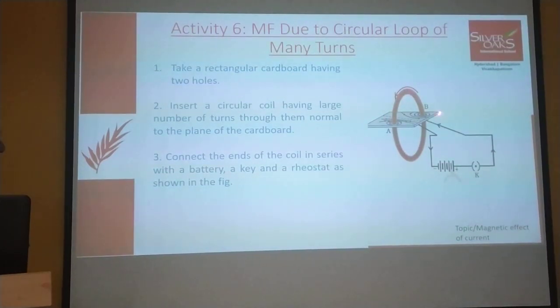Now if you make a coil of n number of turns, the magnetic field also will become n times because each circular wire will contribute to the magnetic field. So if n number of turns are there, you will find that the magnetic field also will increase. So this we are going to demonstrate through the activity.